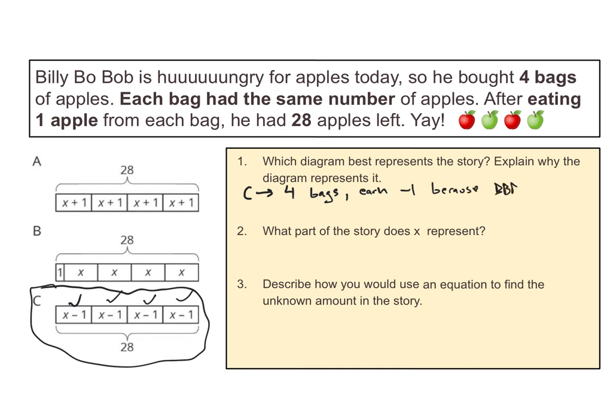Billy Bob ate 1. And totaling 28 apples. So we see the story modeled there. We see 4 bags of apples minus 1 equals 28 left over. And what X represents in the story is apples per bag.